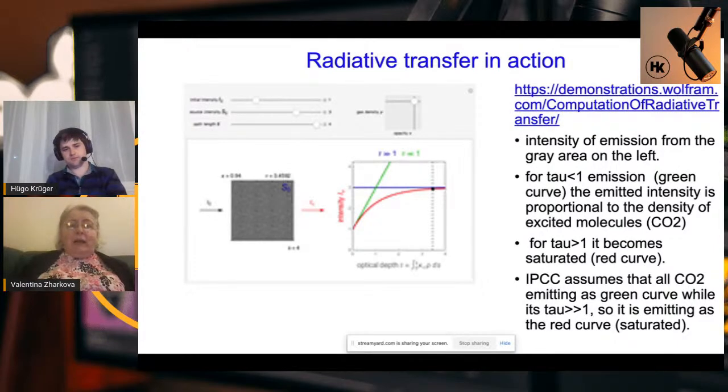Yes, exactly. So these guys basically applied their own theory. They added all the emission of this CO2, while because of radiative transfer they should have this saturation.